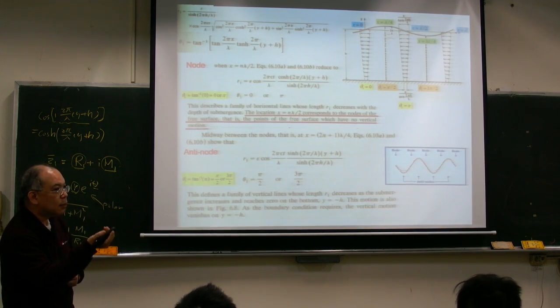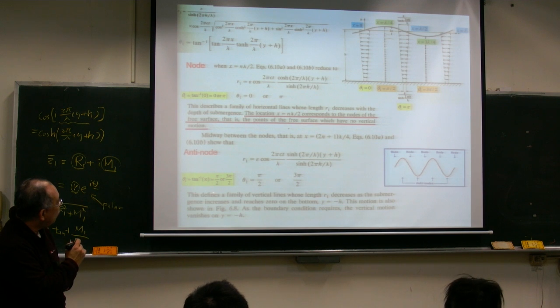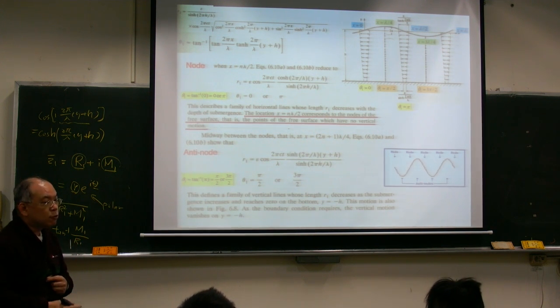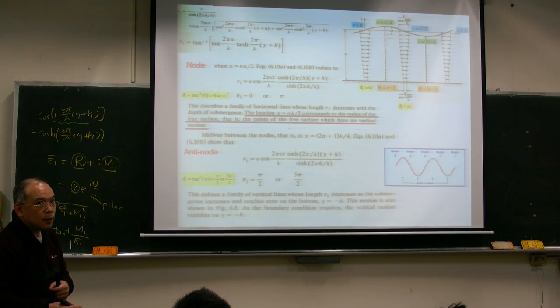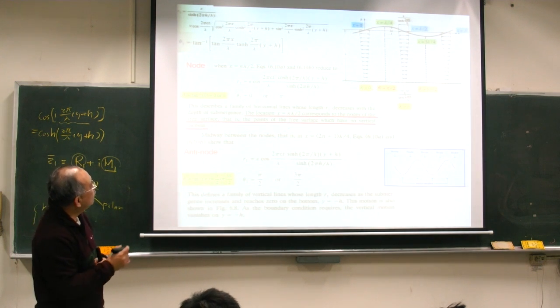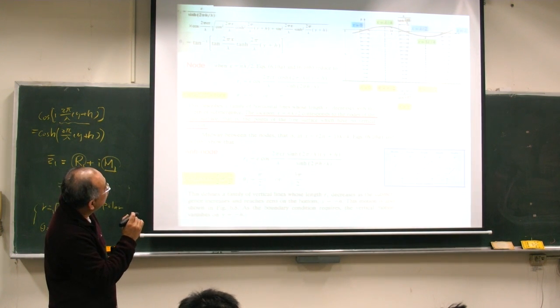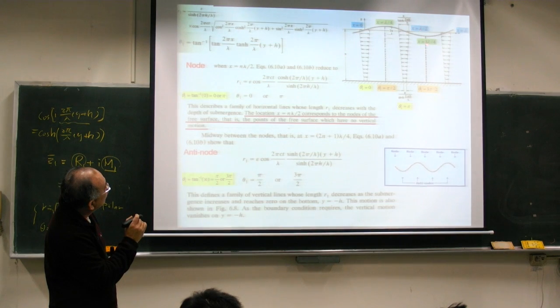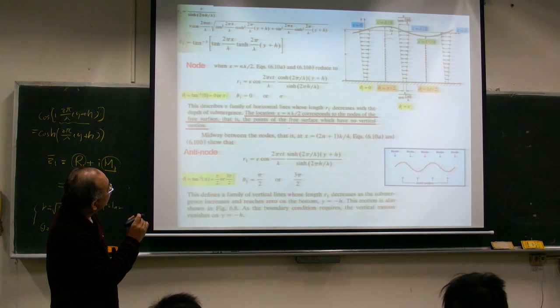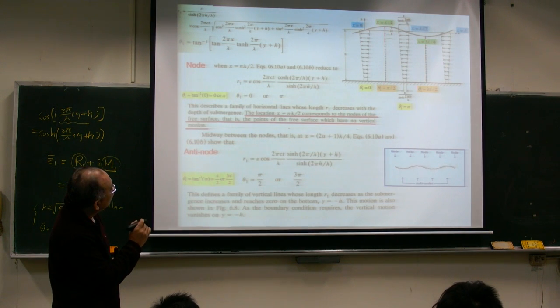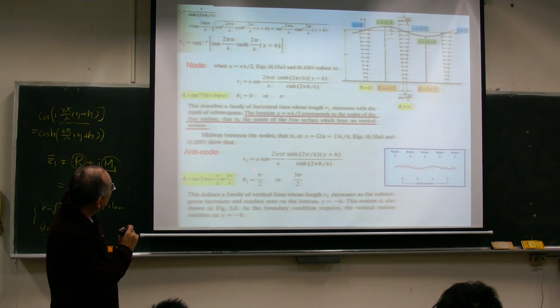Only theta 1 can happen is what? Pi over 2 or 3 pi over 2. Okay? So at this certain location, the green location here, you only move in pi over 2 or 3 pi over 2.